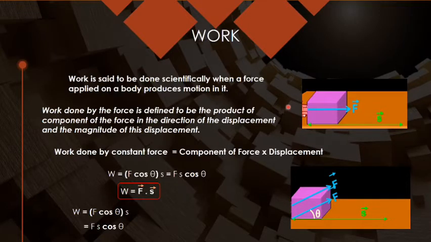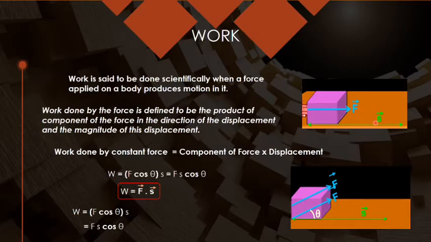When I have to write it mathematically, work is the product of the component of force in the direction of the displacement and the magnitude of the displacement. If the force is applied in the same direction in which the body is moving, I simply take the product of the force and the displacement.